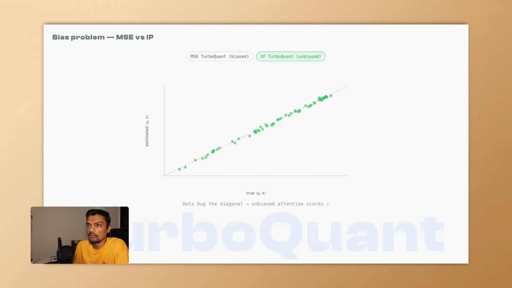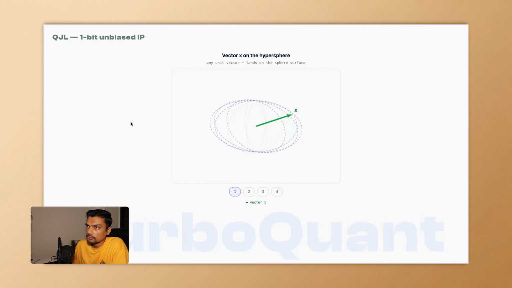So to solve this bias problem, TurboQuant introduces a two-stage approach. But first we need to understand the building block, that is QJL, or quantized Johnson-Lindenstrauss transform. QJL is an extremely elegant 1-bit quantizer for inner products. Here is how it works.